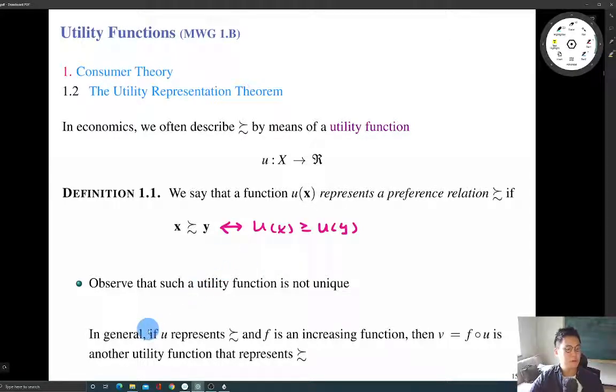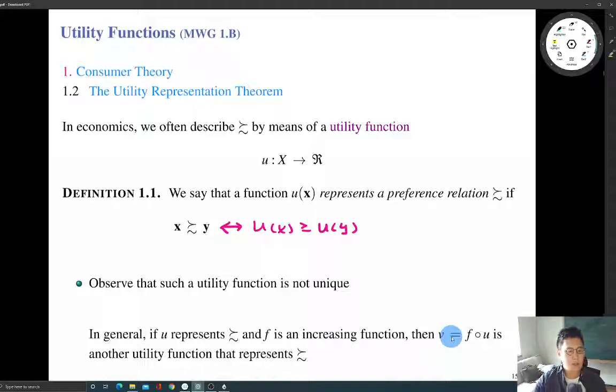So more generally, if the function u represents the preference relation, and we have another increasing function f, and their composition, f of u of x, let me call this function v, then v can be regarded as another utility function that represents the same preference relation.